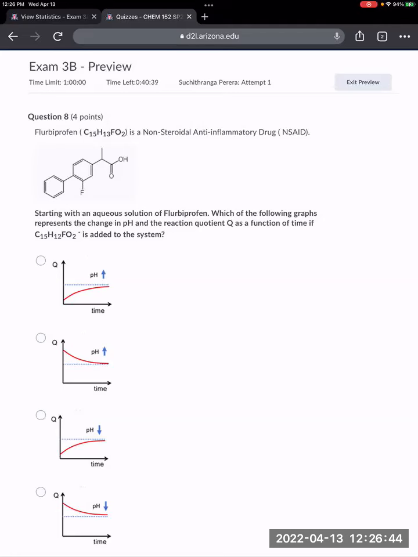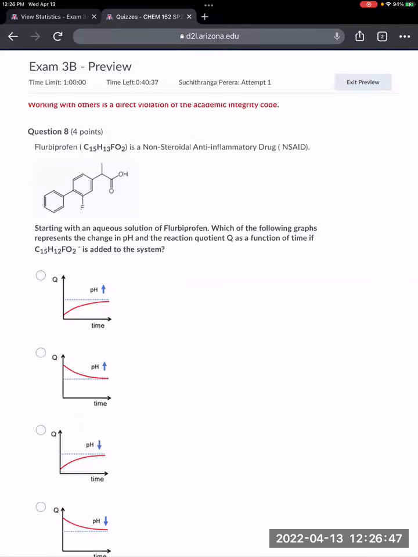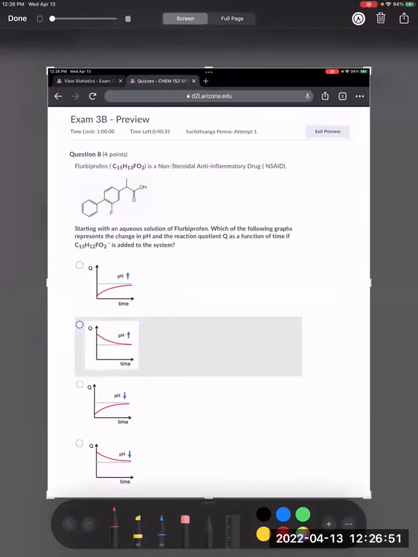So this is an acid because of this carboxylic acid group. So I'm going to call this an HA, which has a chemical formula of C15H13FO2. Now, if we go to this molecule over here, you can see that one of the hydrogens is missing and you have a negative charge, which is characteristic of A minus.